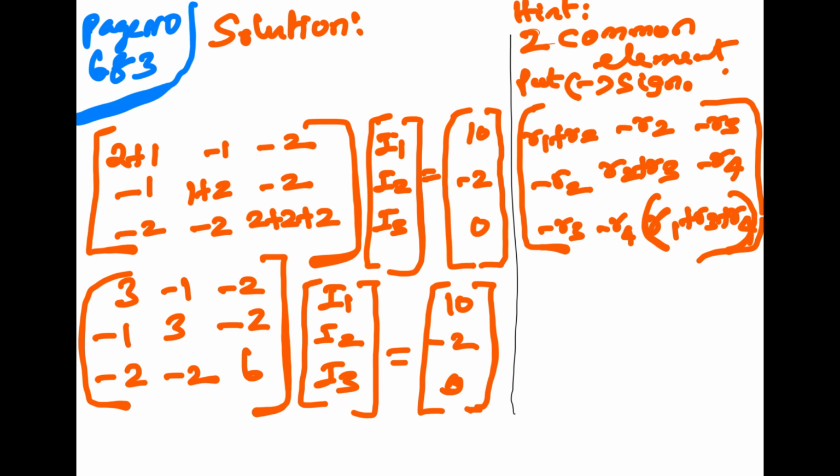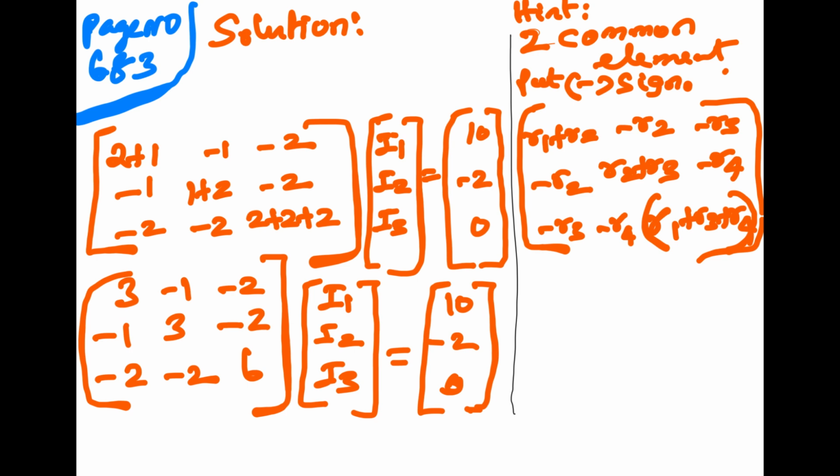Mesh 3 contains 2, 2 and 2, so 2 plus 2 plus 2. Then the voltage matrix: on the left side put minus 10, on the right side plus 10; the 2 volt drop is plus 2 on the left and minus 2 on the right, giving V1, V2, V3 as 10, minus 2, 0.